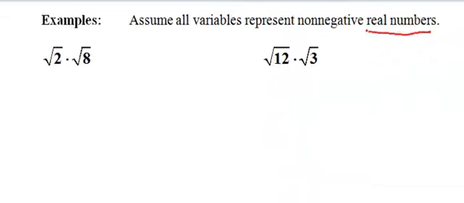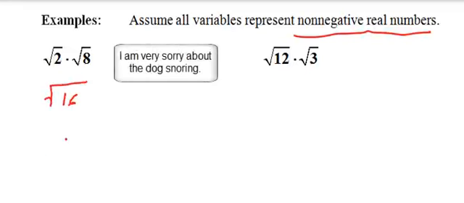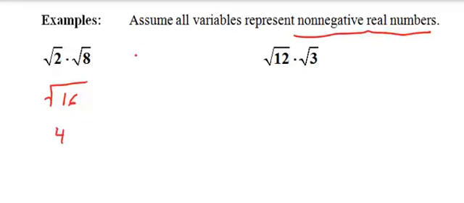The square root of 2 times the square root of 8. Well, we can push them together under one radical and say it's the square root of 2 times 8, or the square root of 16. And that's a perfect square, so we can say that's 4. If I had simplified first, I'd have the square root of 2 times, well, 8 is 4 times 2, so that's the square root of 4 times the square root of 2.